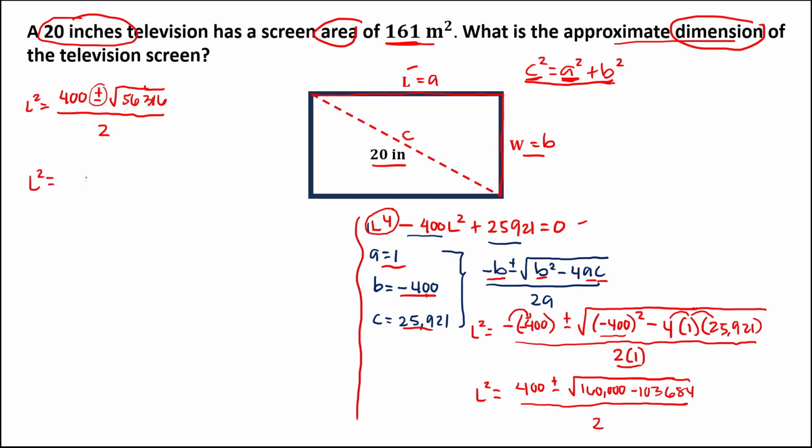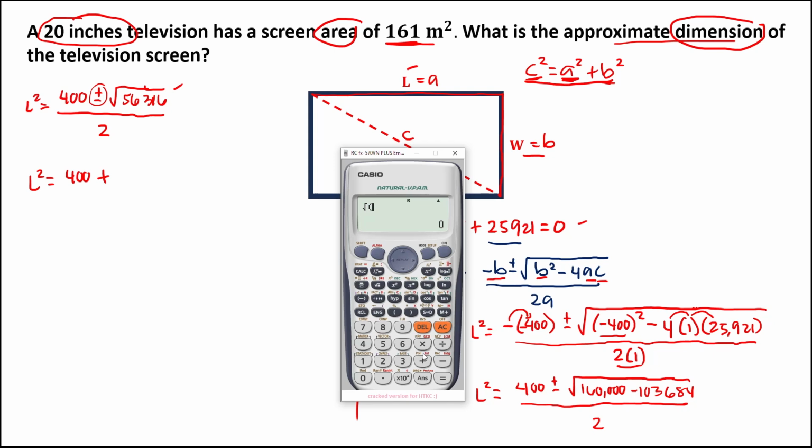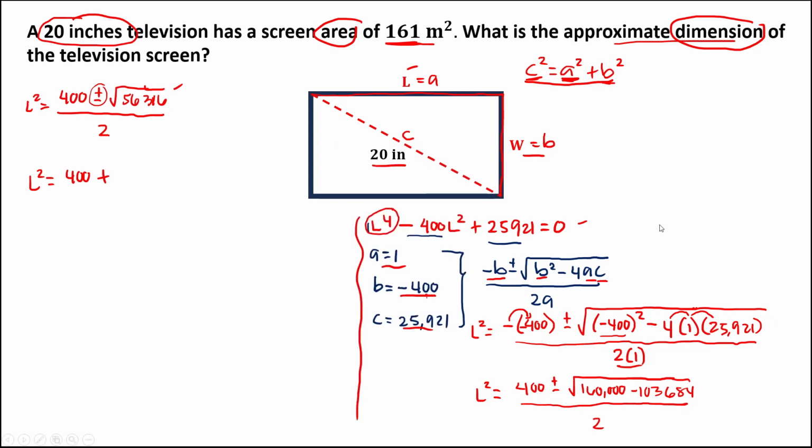So L squared equals 400 plus the square root of 56,316. The square root of 56,316 is 237.31. So plus 237.31, then over 2. For the negative, L squared equals 400 minus 237.31, then over 2.